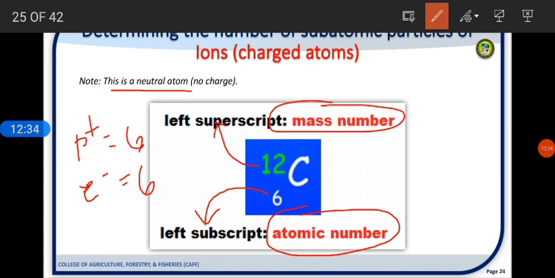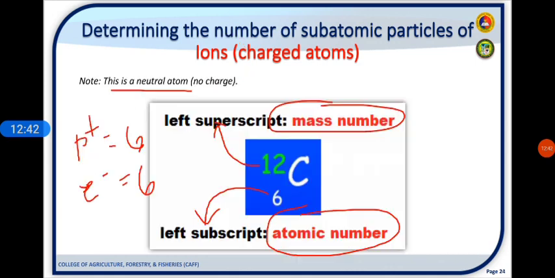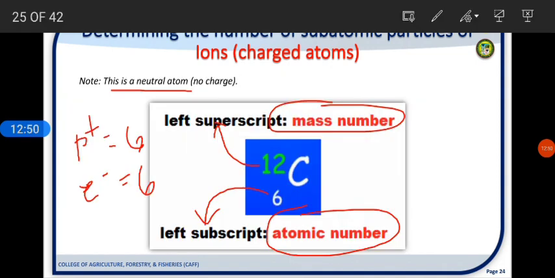Now, to compute for the charge, you have the number of protons minus the number of electrons. We have 6 minus 6 is equal to 0. So the charge is 0, and therefore carbon is a neutral atom.